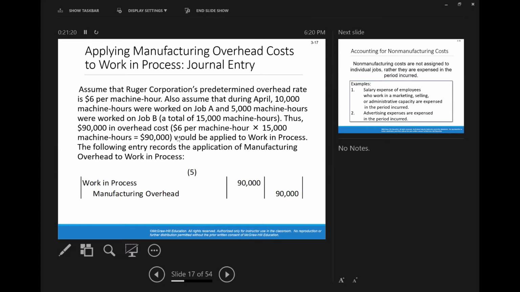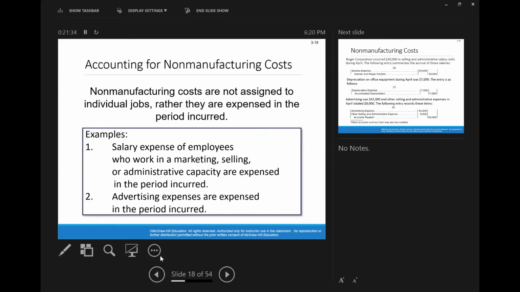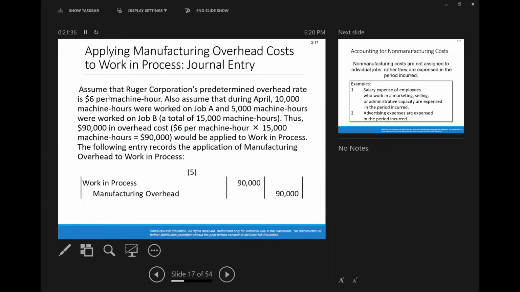So we should be taking the $6 and multiplying it by the total machine hours of 15,000. So $6 per machine hour times the total, which is 15,000, to calculate what the estimate is. Okay, so 90,000 in overhead.